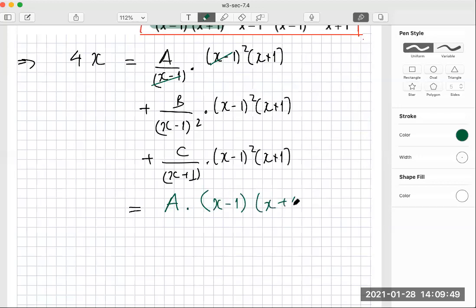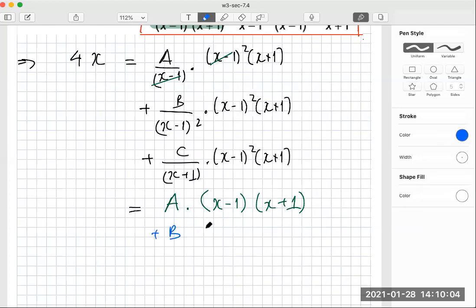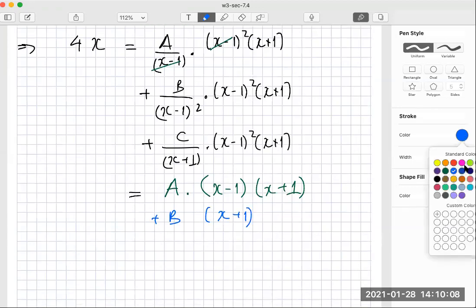Very good. Okay. Good job. Continue. The second terms. X. Very good. And the last terms here.